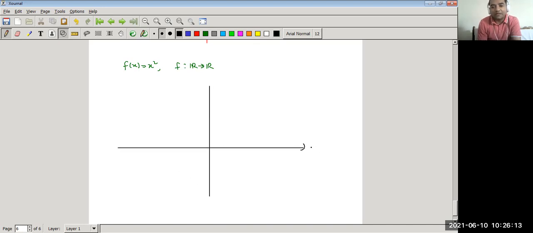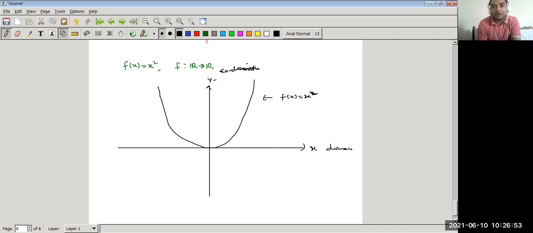Basically we take elements from the set X, and the x-axis is the domain and the y-axis is the codomain. To prove a function is onto, we need to show the range equals the codomain. But in this case the graph of this function is like this. This is the graph of f(x) = x squared.